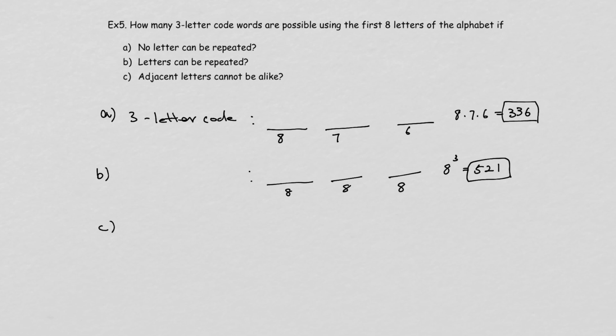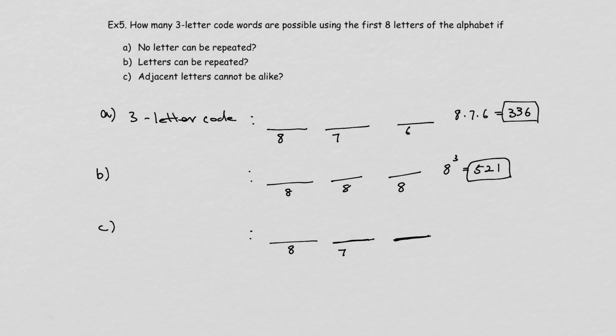What about C? So this one, it's adjacent letters cannot be the same, right? It means my first letter will have 8 options. Since the next one cannot be the same, I will have only 7 options.